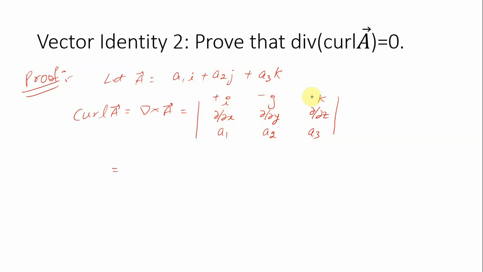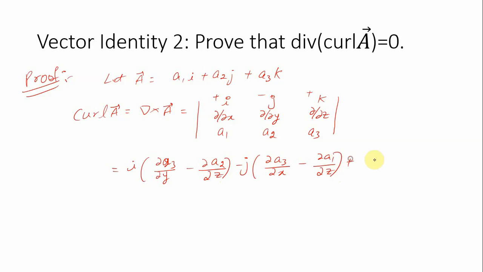Let's say the signs are plus minus plus, so I take i (∂A3/∂y minus ∂A2/∂z) minus j (∂A3/∂x minus ∂A1/∂z) plus k (∂A2/∂x minus ∂A1/∂y).